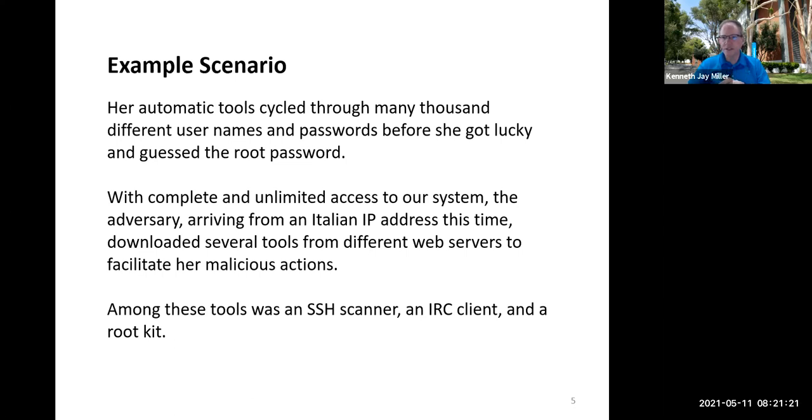That's the tool that they use to find SSH targets, an IRC client, internet relay chat, so that she could send her information back and forth, either with her coworkers or whoever she's working with, or from one station to another. You can use it to transfer files. And then a rootkit, which you put on, so the machine, even if it gets rebooted, that stuff's still running underneath everything else. All right.